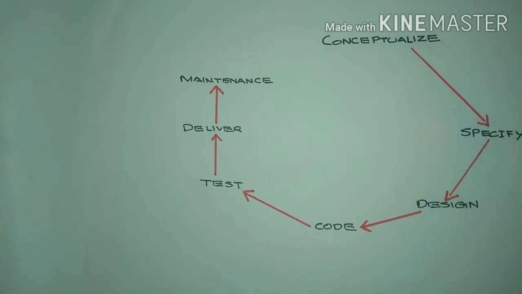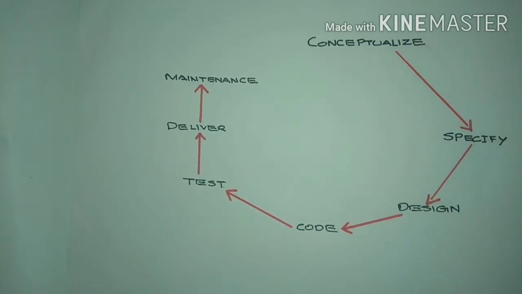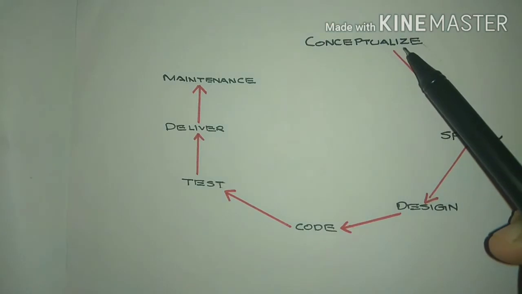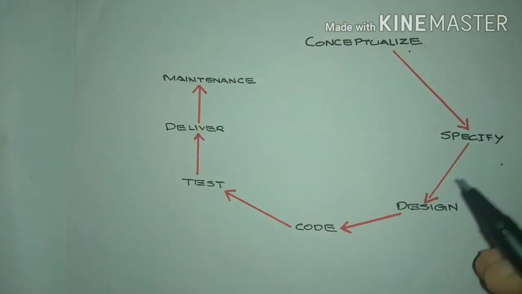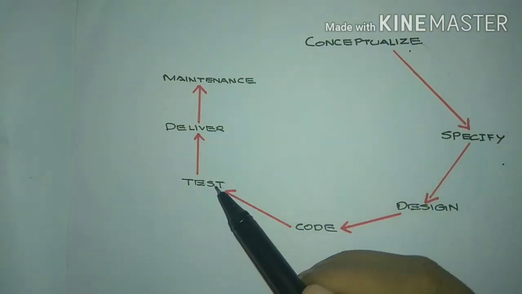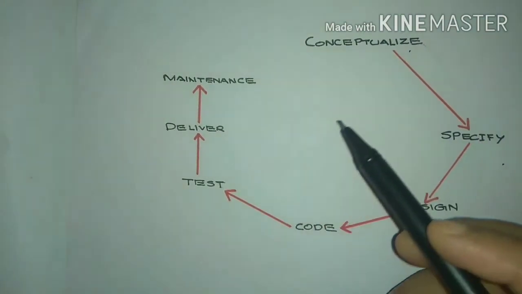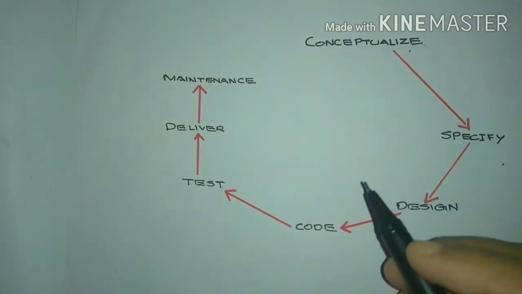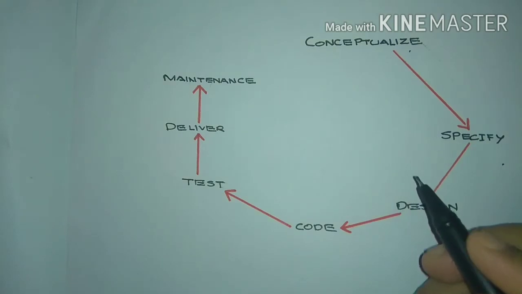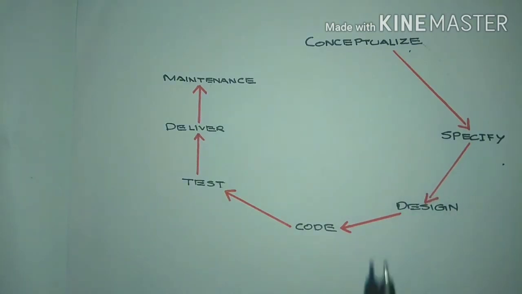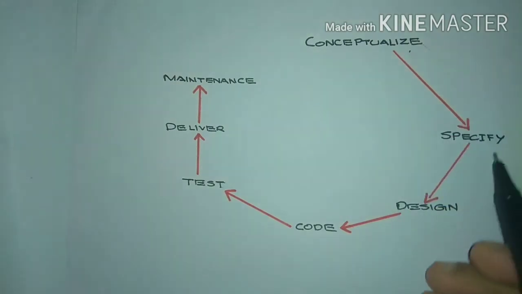There we discussed the different stages of the life cycle of a software: conceptualize, specify, design, code, test, deliver, maintenance. These are the different phases.